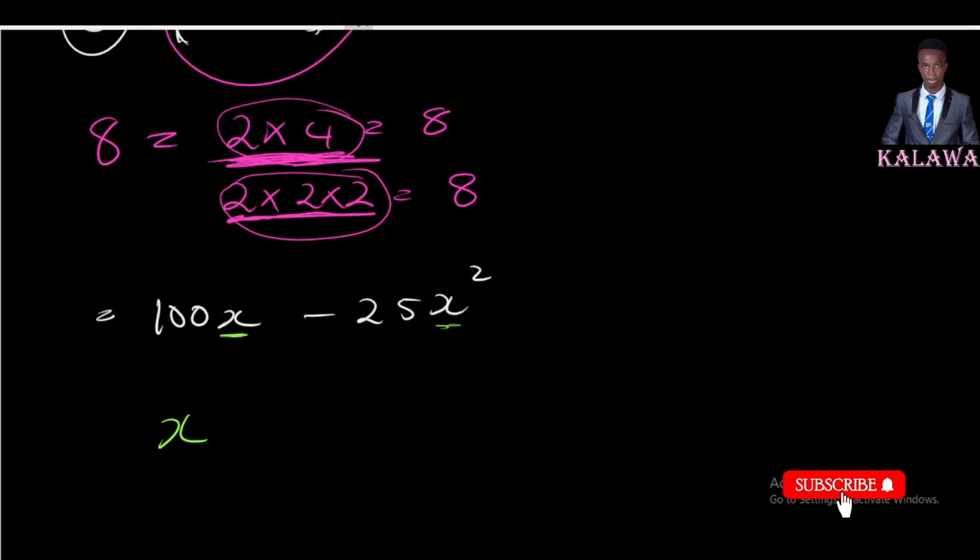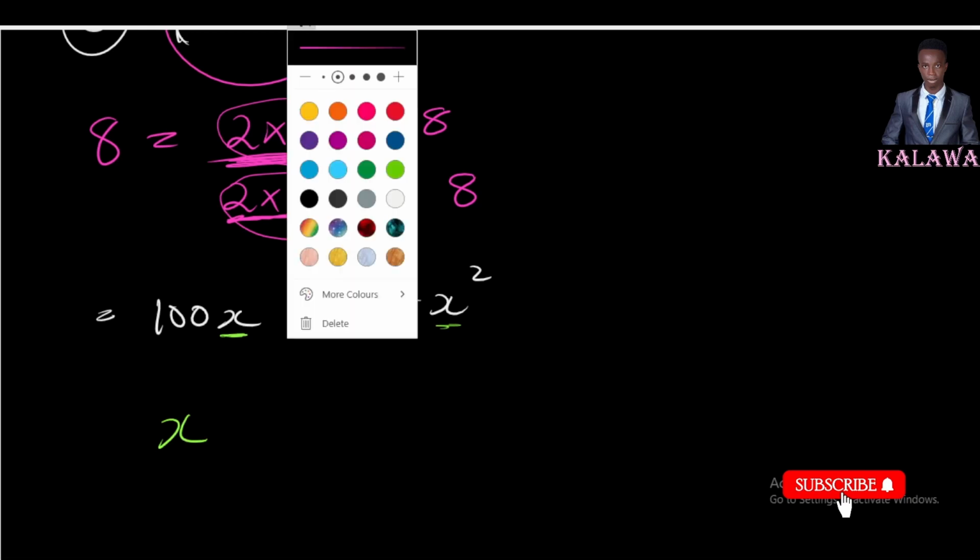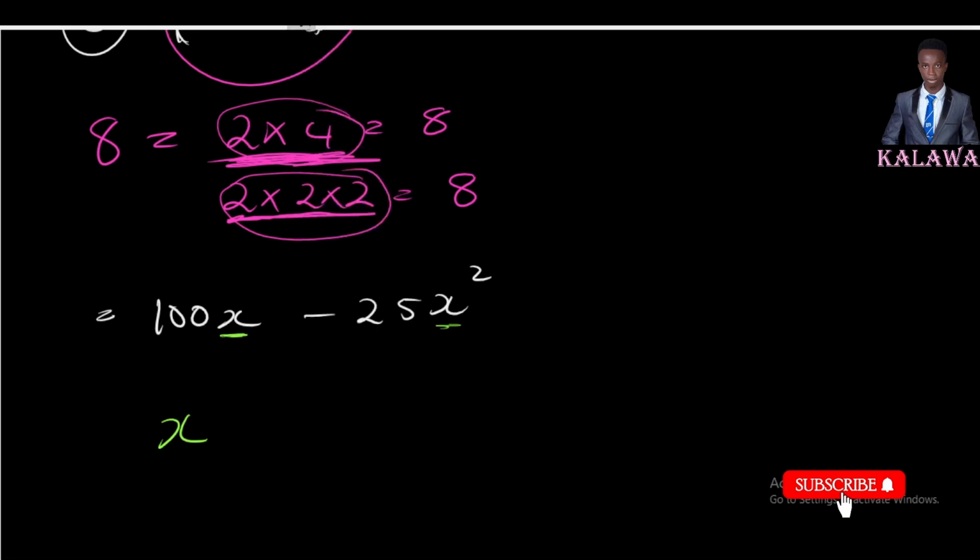It's not done yet. The other question again is you observe the coefficients. This is 100 and this is 25. You ask yourself, which number can you divide the coefficient by without any remainder, and that same number can be divided into the other coefficient without any remainder?